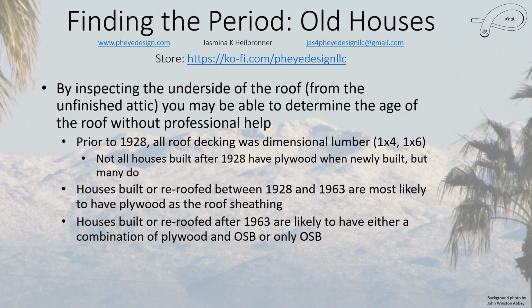Now, OSB stands for oriented strand board. That's the real name for it, the name that a builder would call it. But lay people often call it particle board, because it looks like just pieces glued together, which is not very far off of the correct description, but they actually orient these chips from layer to layer. So it is oriented.